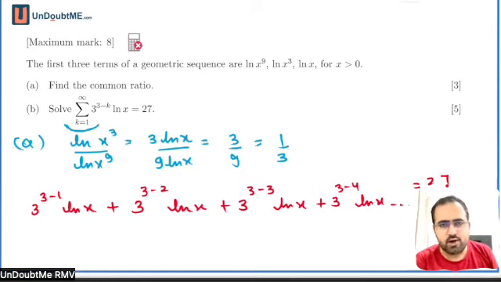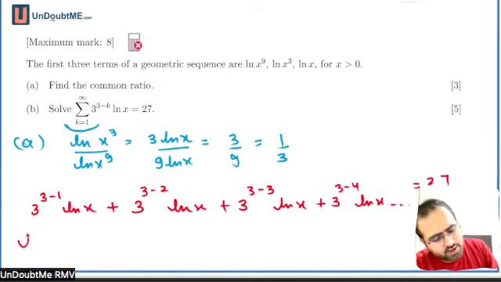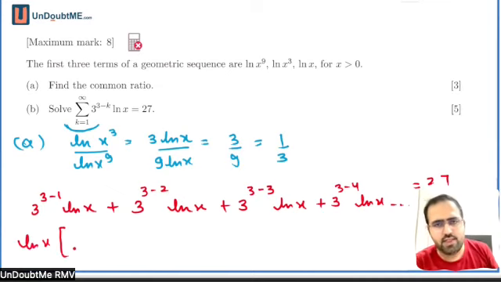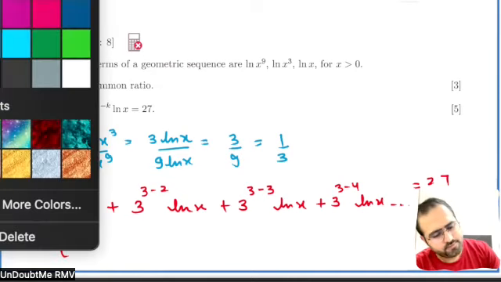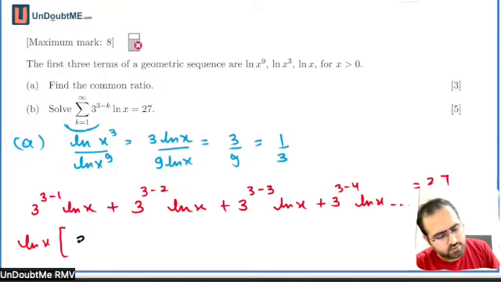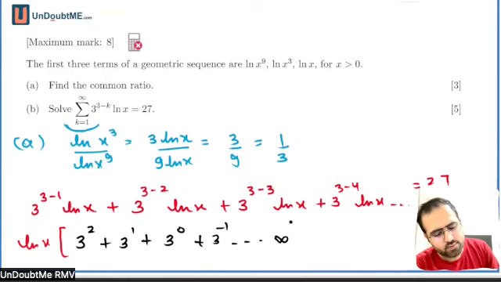Now in all the terms, we have that ln x term, so I'll just write it down common, and then the real game will start within the bracket. If you look at the terms, it will be 3 squared plus 3 to the power 0 plus 3 to the power minus 1, and so on, going up to infinity.